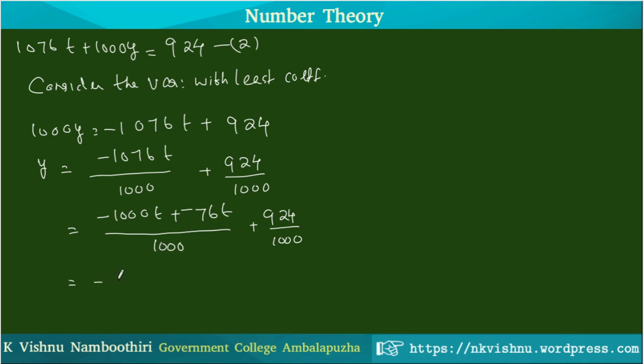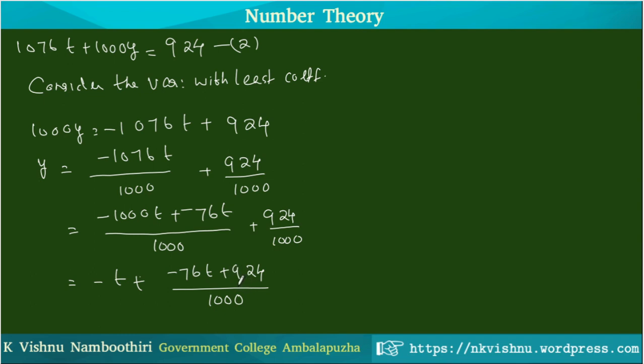Therefore this is just minus t plus minus 76t plus 924 by 1000. Now we know that y is an integer, t is an integer, so minus t is an integer. Therefore minus 76t plus 924 by 1000 is an integer.